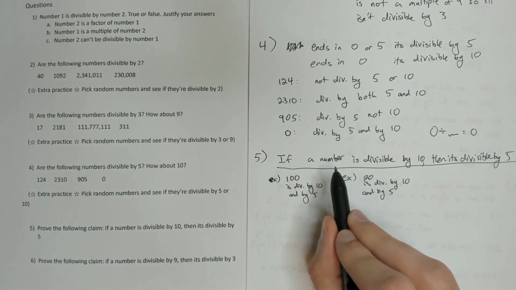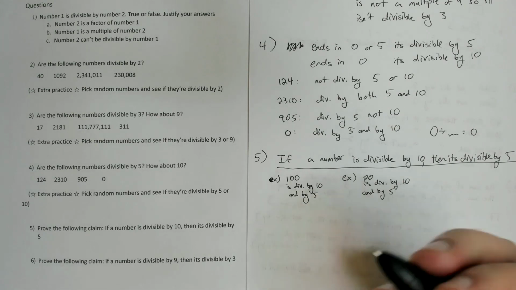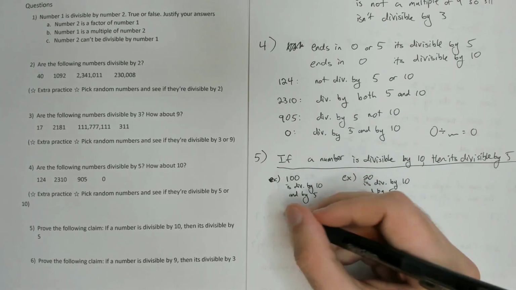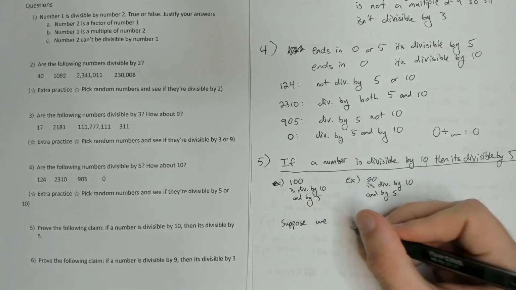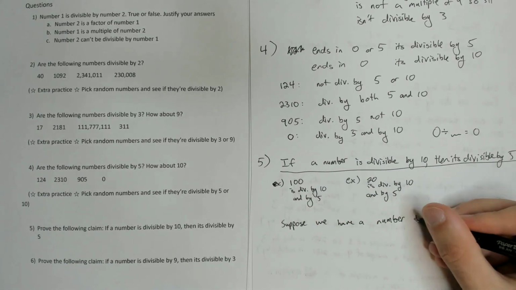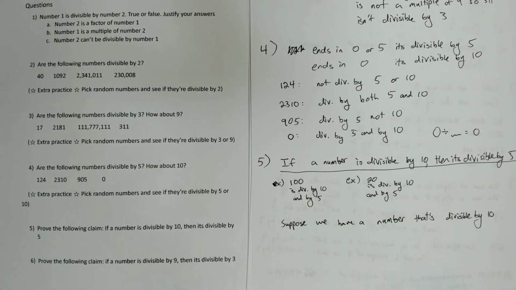So we're saying that if a number is divisible by 10, so let's start with, suppose we have a number that's divisible by 10. It could be 100, it could be 3,000, it could be 20, as long as that number is divisible by 10, right? And now what we'd want to do is show that the number is divisible by 5, right?